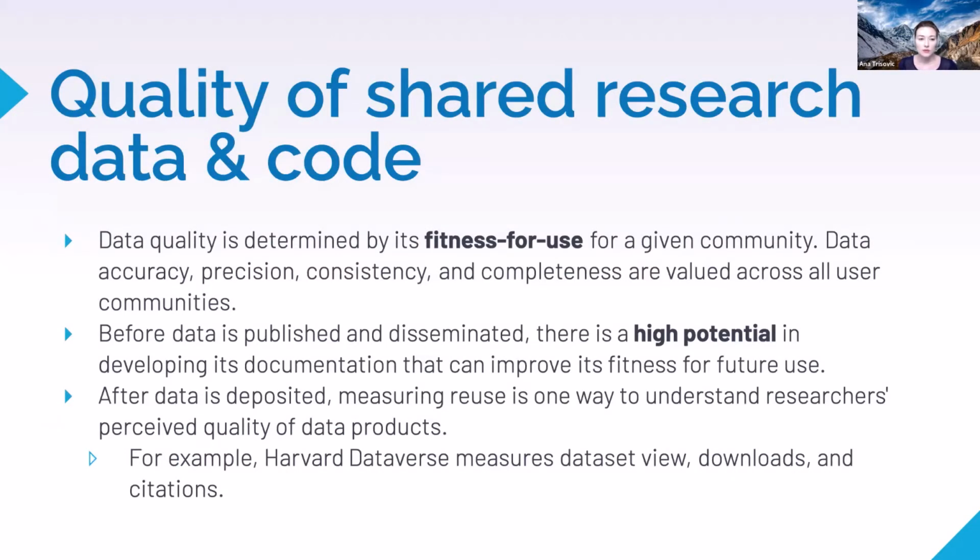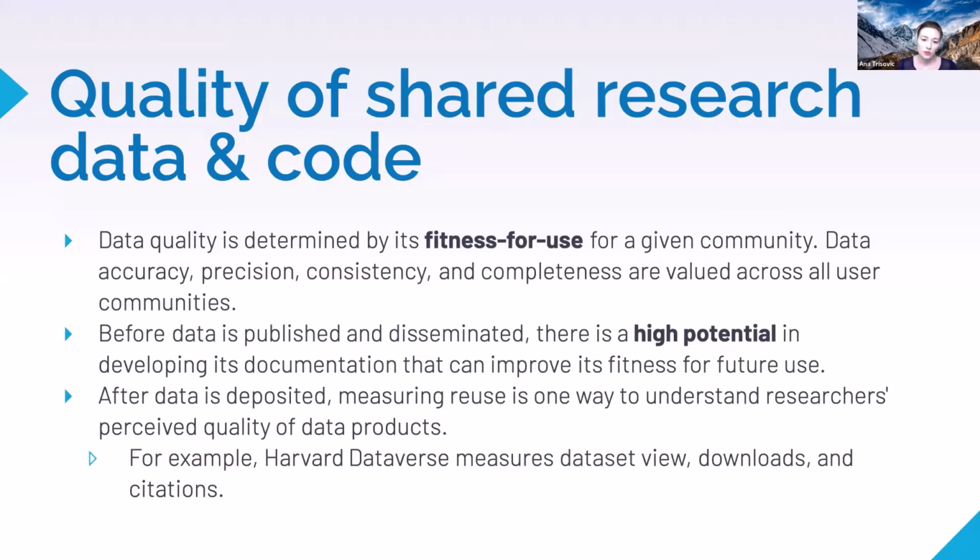Okay, so quality. How do we ensure quality in disseminated research data and code? How do we ensure quality in Dataverse, and how do we signal it? Data quality is determined by its fitness for use for a given community. Of course, every community values accuracy, precision, consistency, and completeness of data sets.